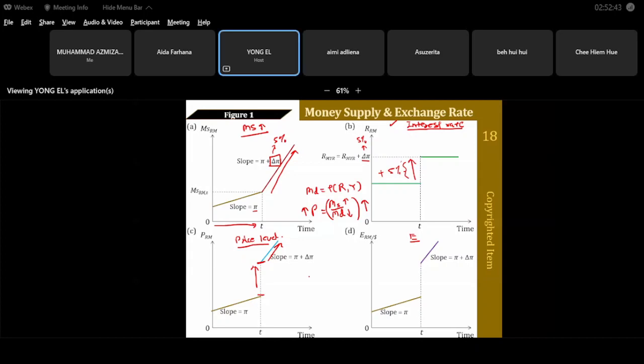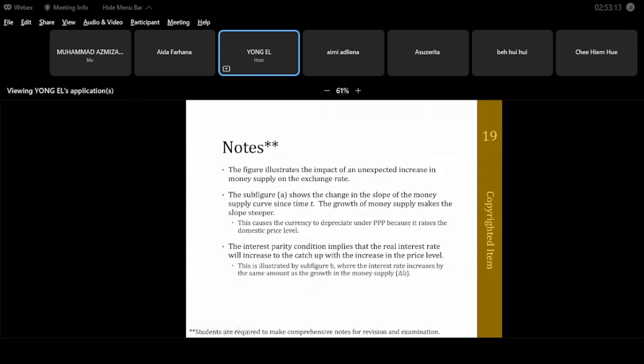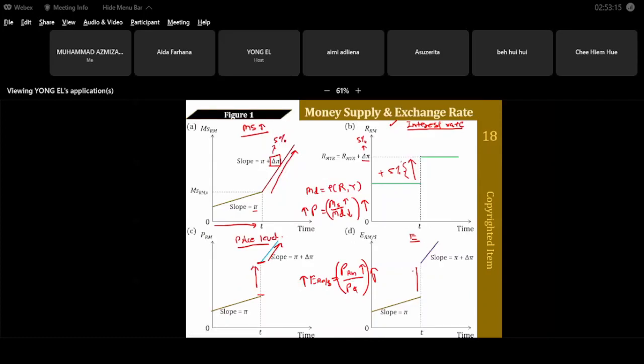From here, we understand that the exchange rate is equal to the price ratio between the two countries. Now, Malaysia experiences inflation, assuming US price doesn't change. So altogether, this ratio becomes higher. Okay, exchange rate increases. As you can see here, the exchange rate increases.